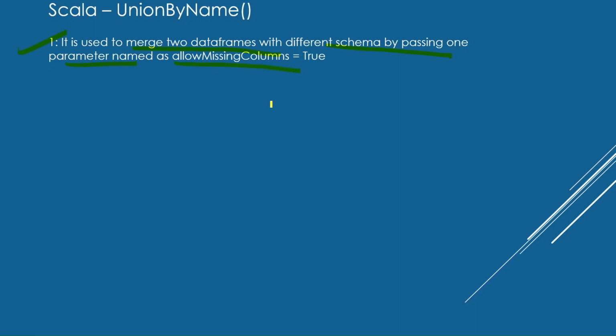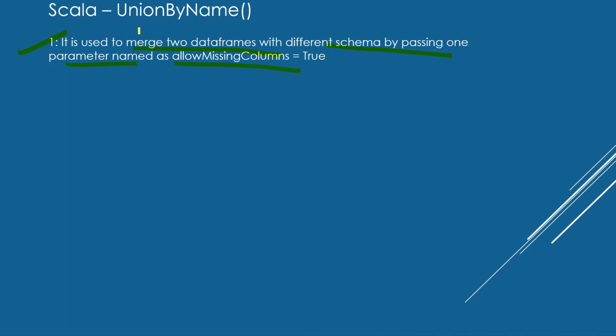We have seen two functions where we can merge two data frames into a single data frame. Those are union and unionAll, but there both data frame schemas must be the same.